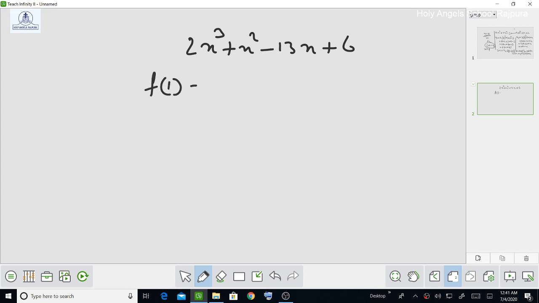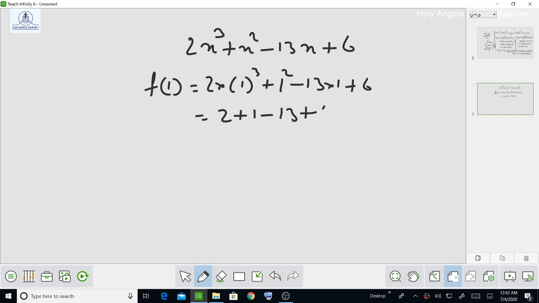f(1) is equal to, you put x is equal to 1 in the given polynomial, that is 2 into 1 cube plus 1 square minus 13 into 1 plus 6. That is 2 plus 1 minus 13 plus 6.